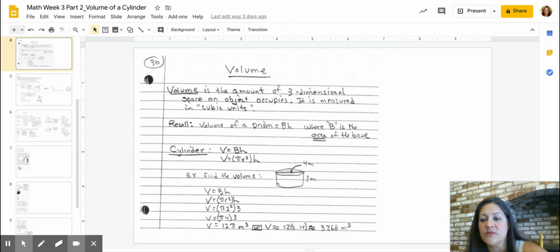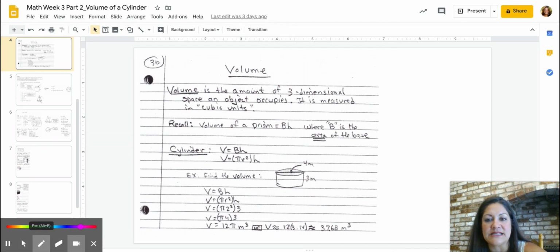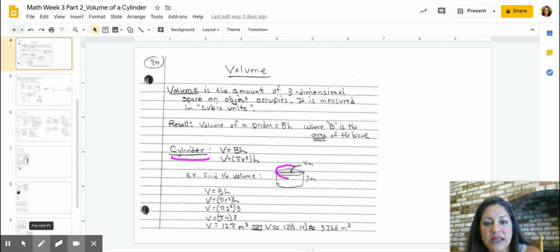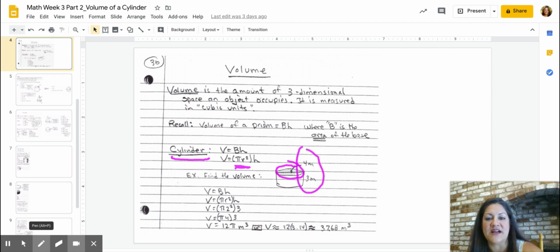For a cylinder, we still have volume equals base times height. But now, because the base is a circle, that base is going to be pi r squared times height. So you go ahead and plug in these values, and then you solve.